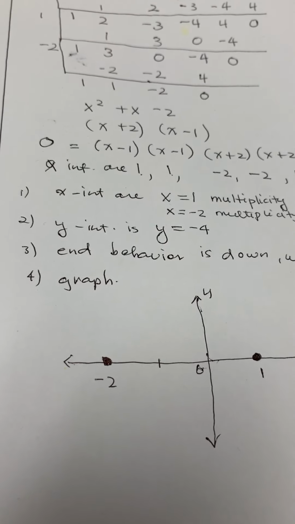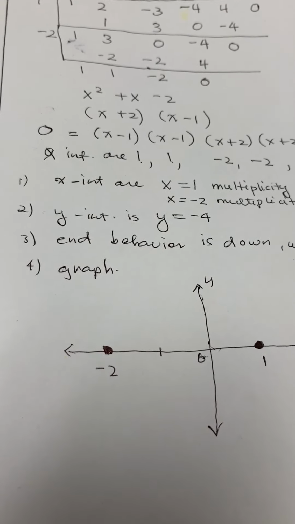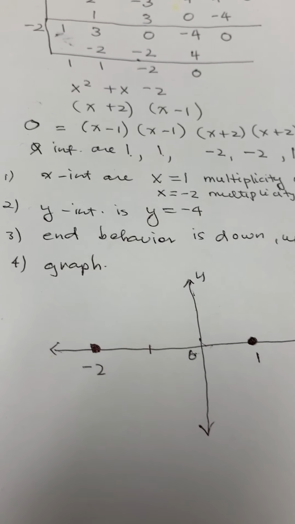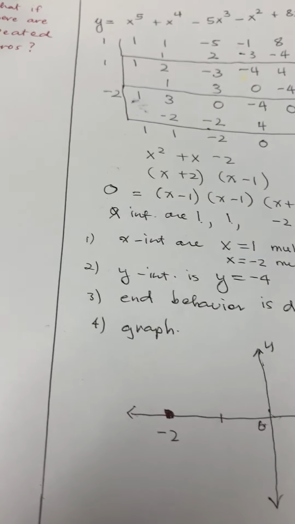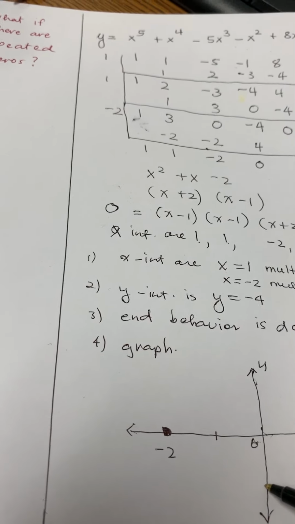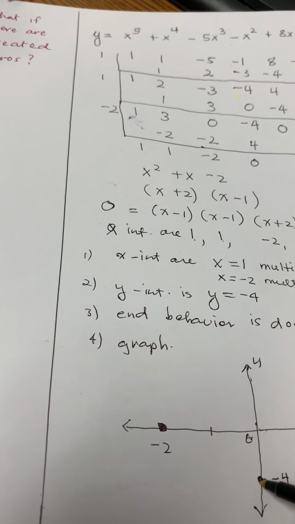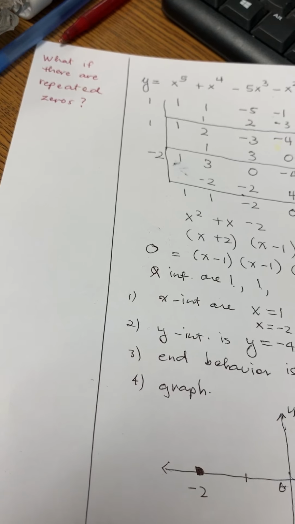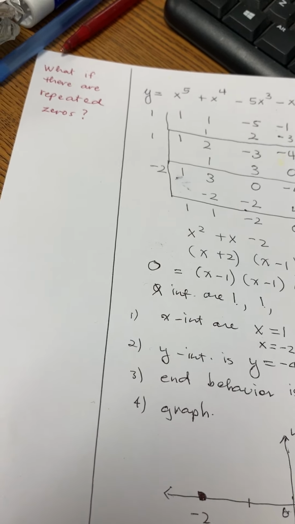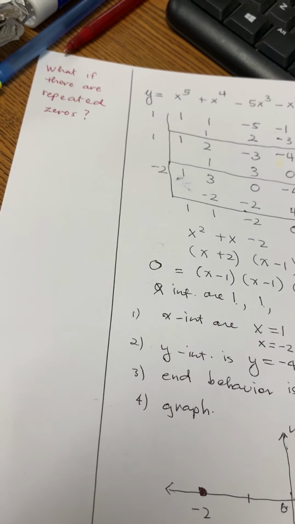Even number of times, 2 times, 4 times, 6 times, 8 times. Okay, doesn't look like a square. All right. Then let's say this is -4, so we're going to mark that too. And the behavior is down, up. So it's going to be down here and up here.